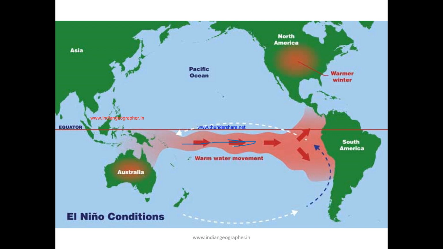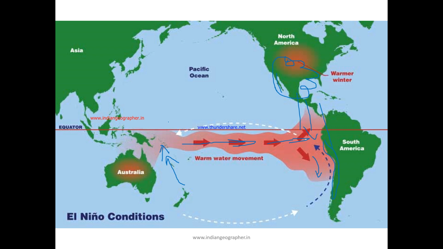This map also explains it in a better manner. You will find the movement of warmer water along the coast. The cold current entirely disappears. There is downwelling here and upwelling here in this area. As a result, you'll find a huge amount of rainfall in these areas, because there is a huge amount of cloud cover over the South American coast, resulting in huge rainfall, right?